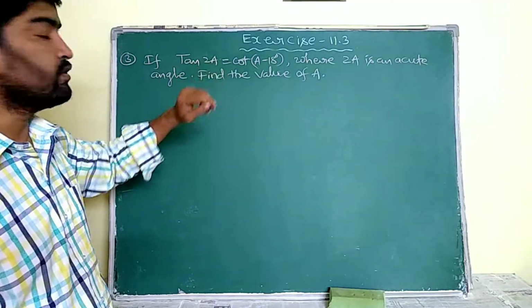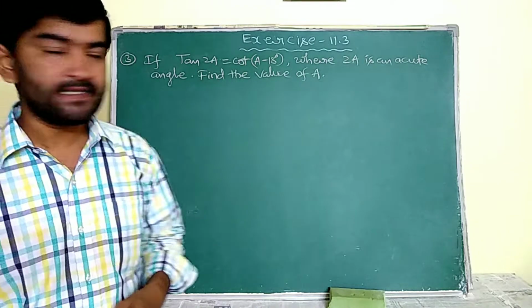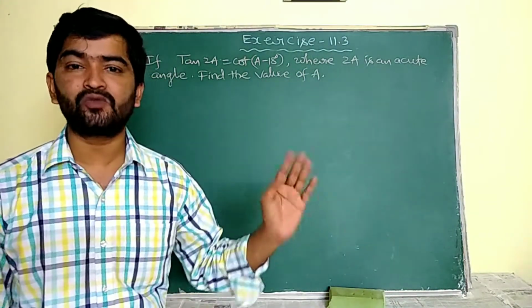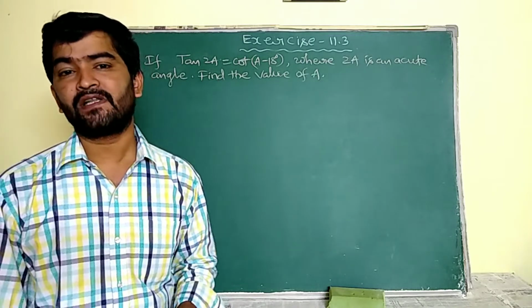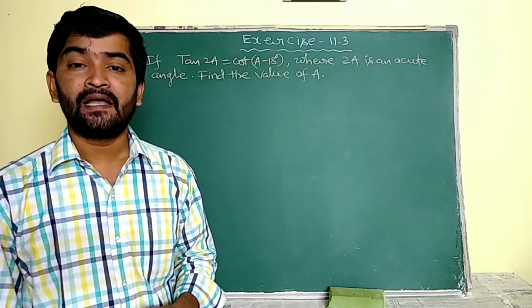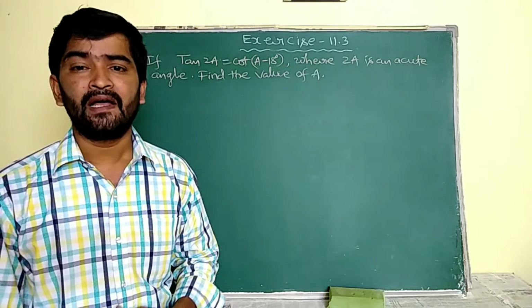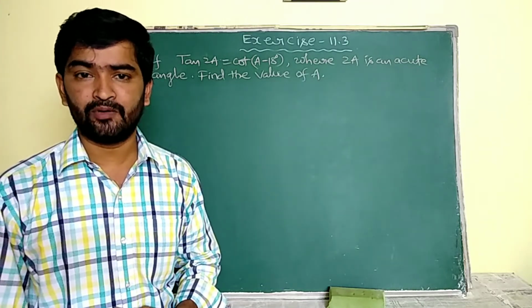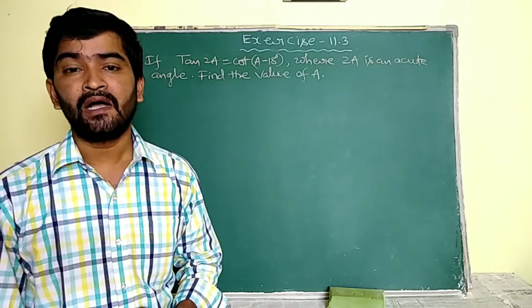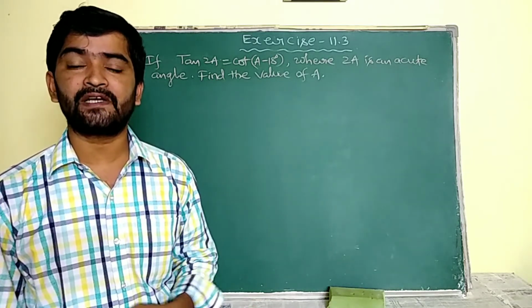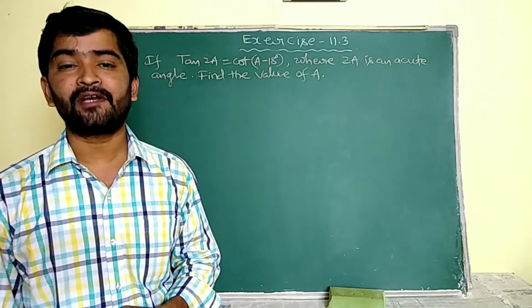If tan 2A is equal to cot(A minus 18 degrees), it is asking us to calculate the value of A, where 2A is an acute angle. For that we discussed already. If it asks you to find the value of any unknown variable, then we have to convert the trigonometric ratios on both sides of the equal sign into the same trigonometric ratio.